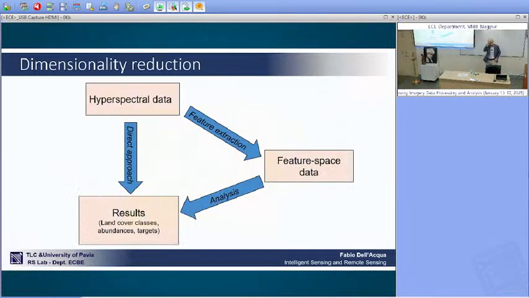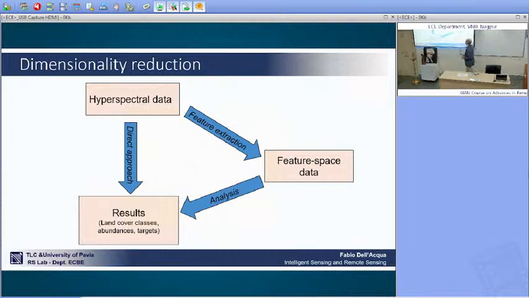In other words, when you use hyperspectral data, you cannot simply emulate the approach that you would use for multispectral data. So if you try and push hyperspectral data into a classifier to directly classify it by maximum likelihood classifier, for example, or even a deep learning classifier, because the situation is similar, you get results which not necessarily are good because of the problem that I discussed previously.